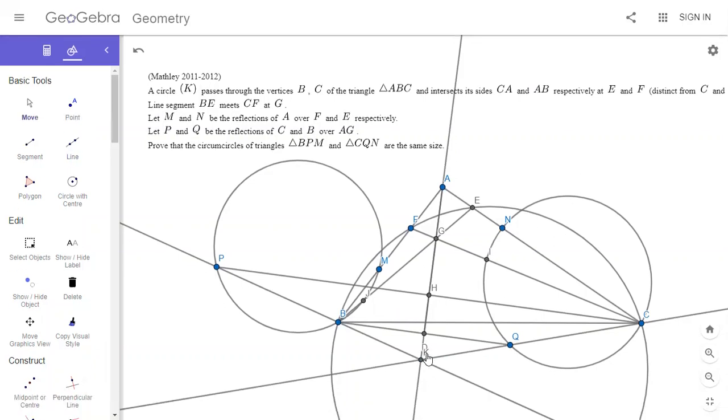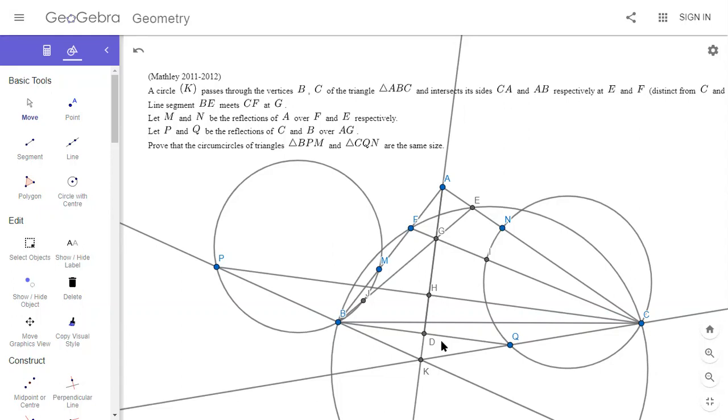Yeah. And I found out that we could use sine rule to completely simplify this, because there are two triangles involved, PBM and CQN. These two triangles have one common side length, that is PB and QC, which are equal because of the isosceles trapezoid.